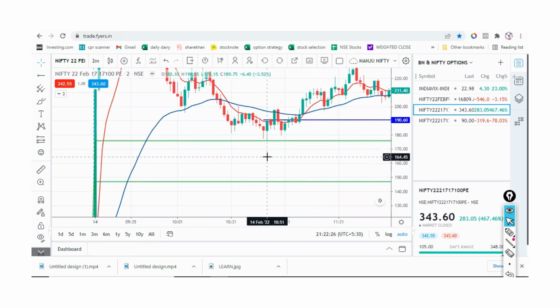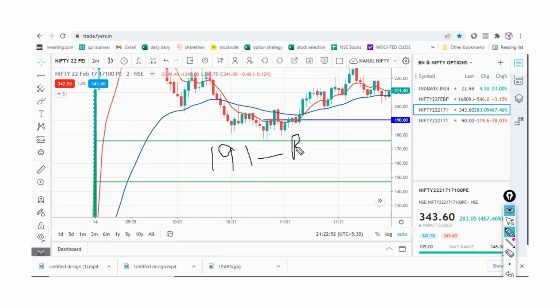So we will initiate a trade above this, 190 and 176. 191 is the buy price.